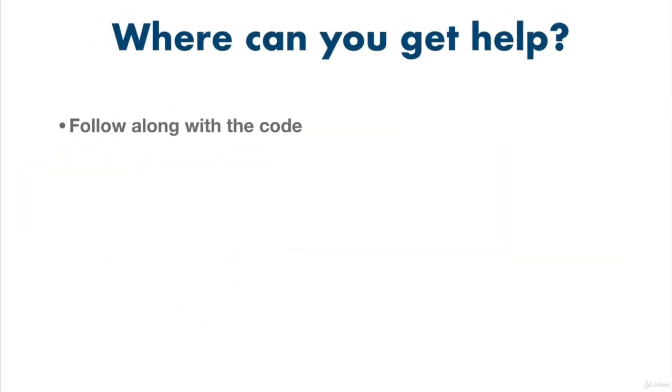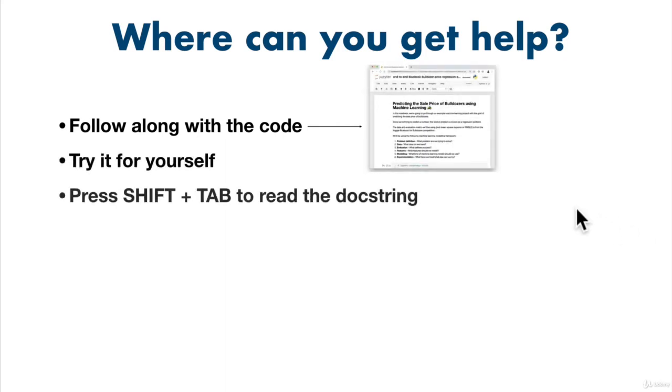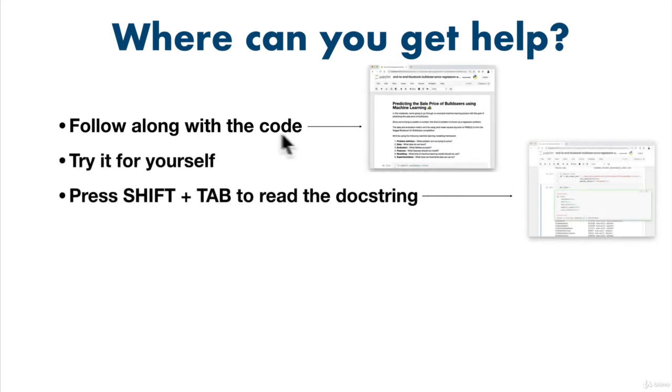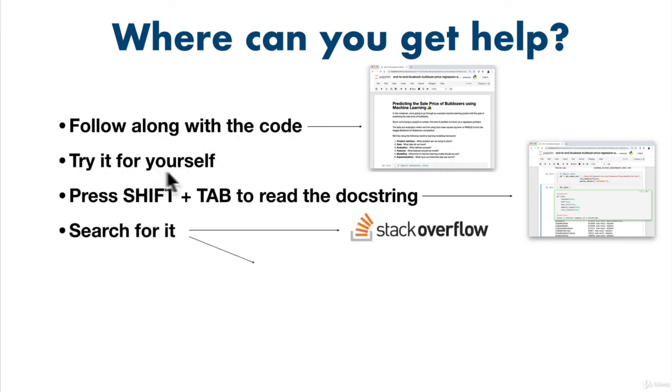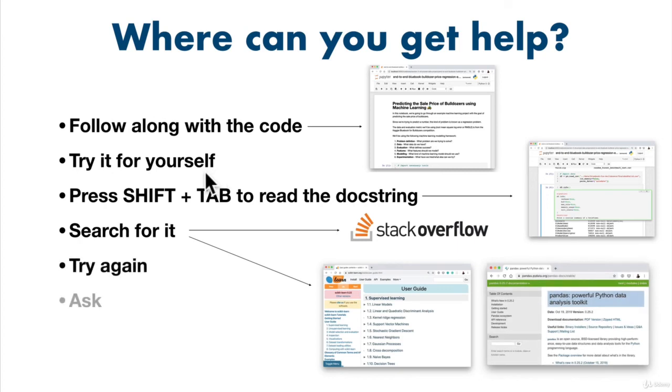Now, of course, if you do get stuck, and don't worry, you probably will, I get stuck all the time. The steps that you can take is to follow along with the code as best you can. Try it for yourself. Remember our motto, if in doubt, run the code. Then if you want to find out more about what a function is doing, remember to press Shift and Tab to read the docstring, which will give you some information of what a function is doing.